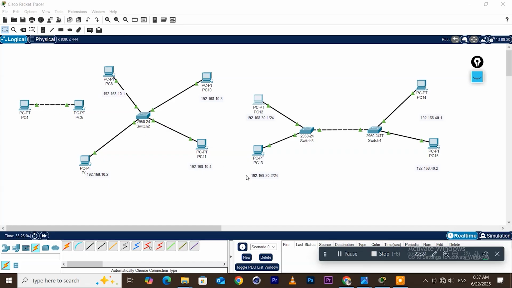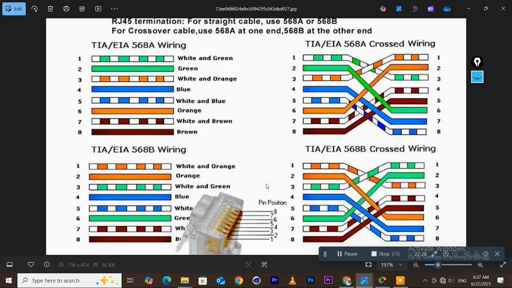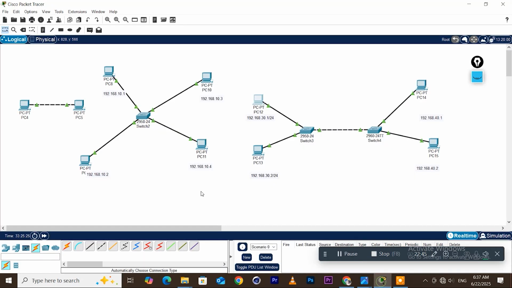I believe most of you have background knowledge about cat cable, the different color codes and how you can crimp them into an RJ45 connector.